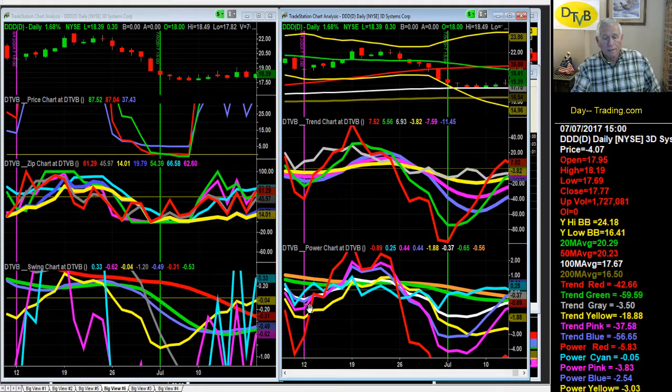Also, I talked about how close the power lines were together. They're all under zero, whereas they were scattered on the green vertical line. One difference as well is that power Zion, on the pink vertical line, power orange and power green are above zero. And again, it's a location issue.